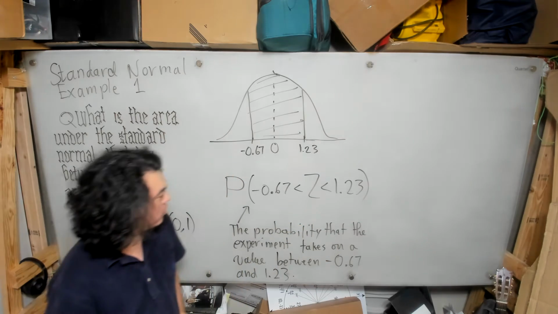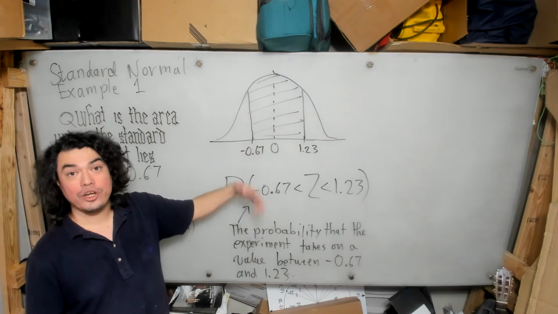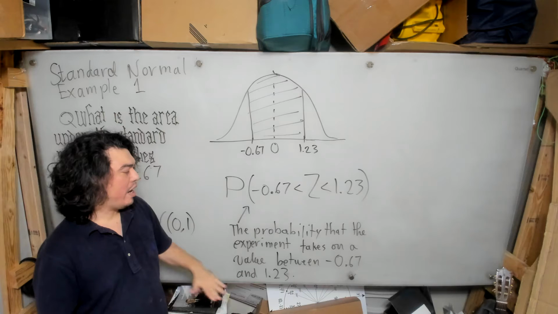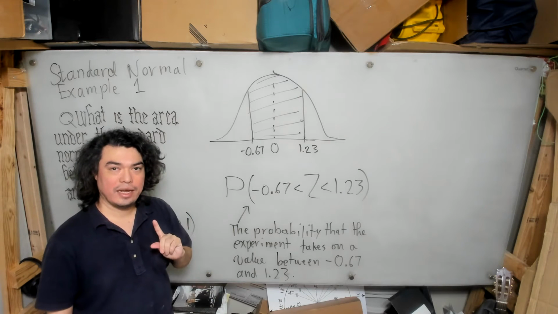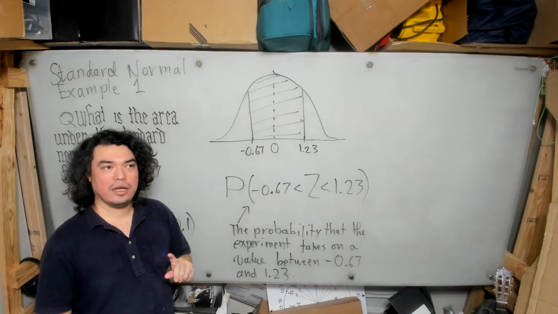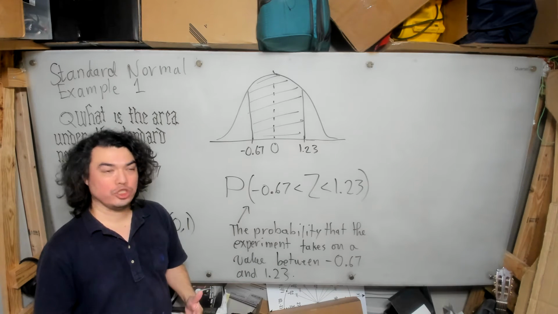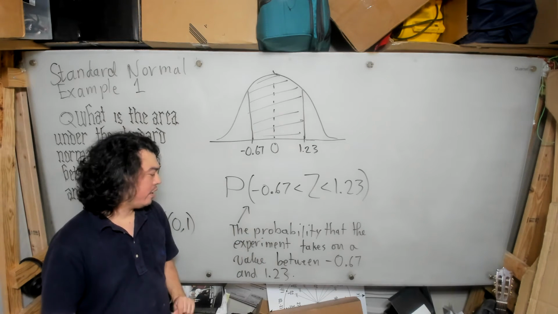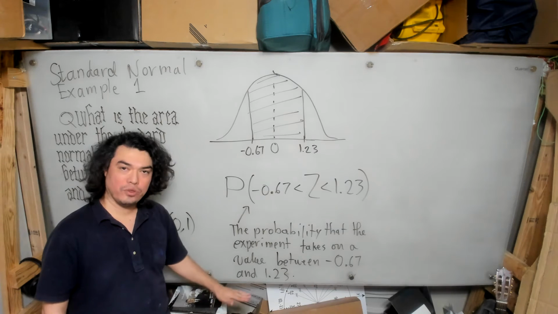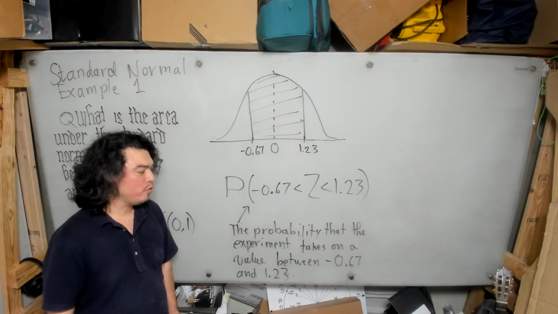So that's what this area would represent, or how we could interpret it. Again, provided that an experiment has the standard normal distribution, it would be the probability that the experiment takes on a value between negative 0.67 and 1.23.